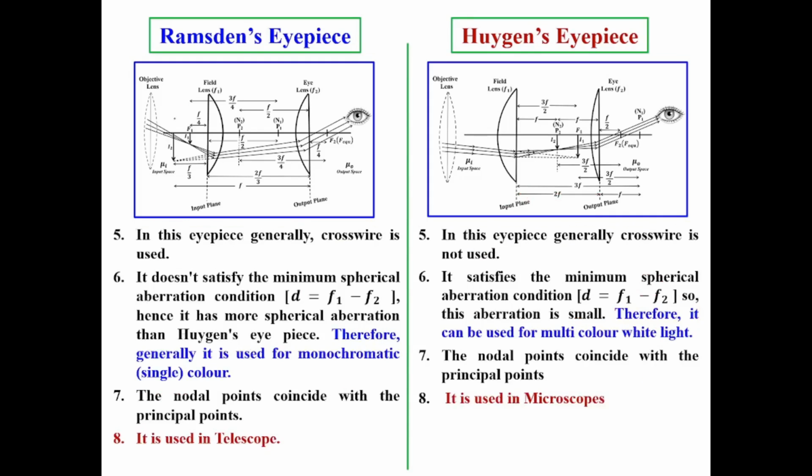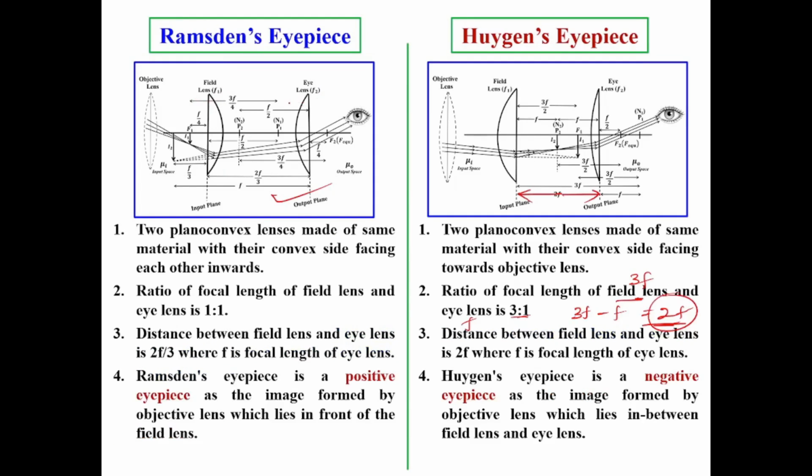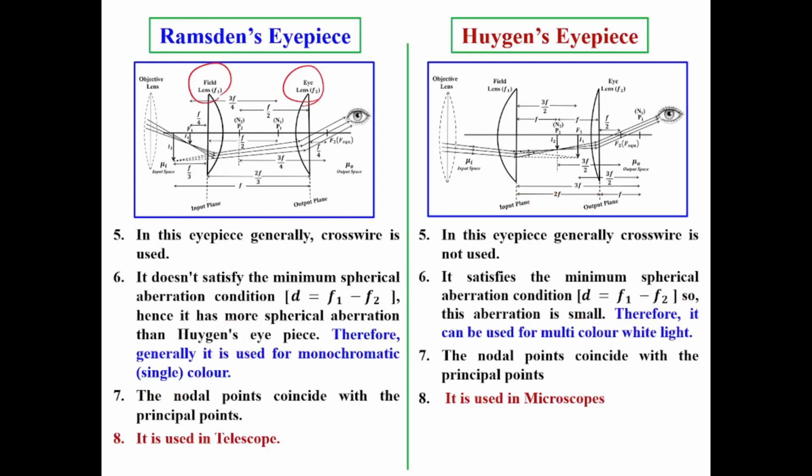But if we consider the Ramsden eyepiece, here the field lens and eye lens have the same focal length because the ratio is 1:1. So if we consider this condition, f minus f equals 0, that means separation should be 0, but here the separation is 2f by 3. So for spherical aberration, the Ramsden eyepiece does not satisfy, but the Huygens eyepiece satisfies.